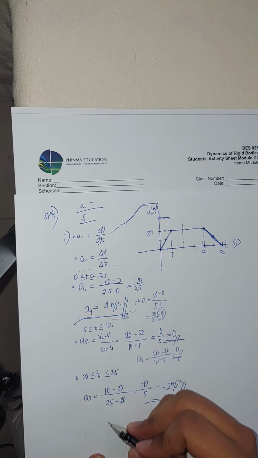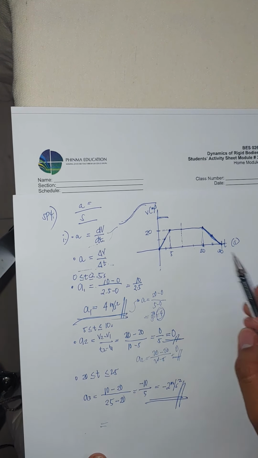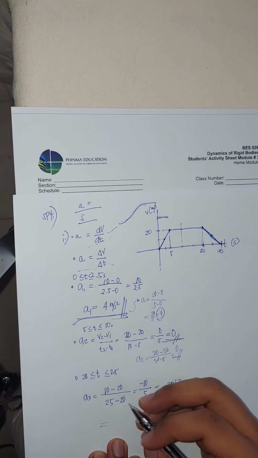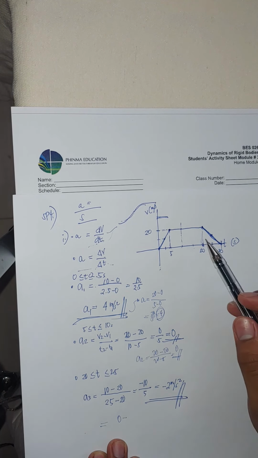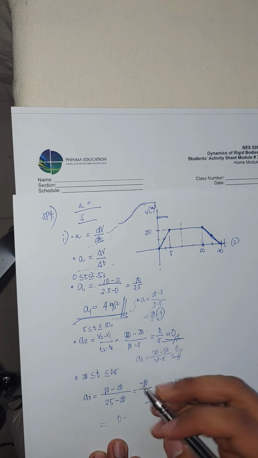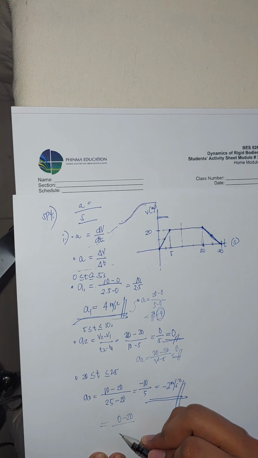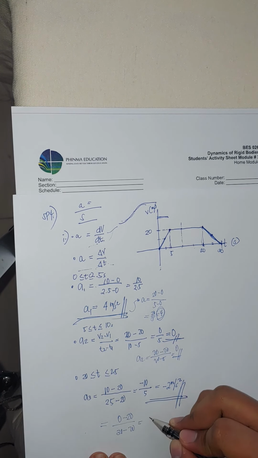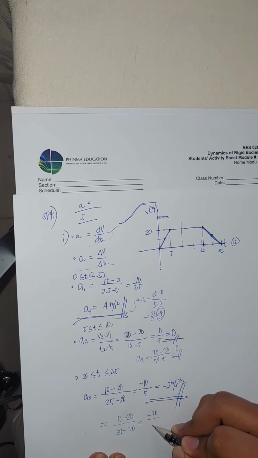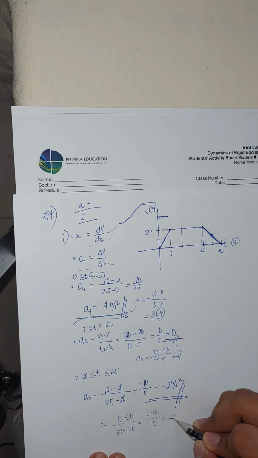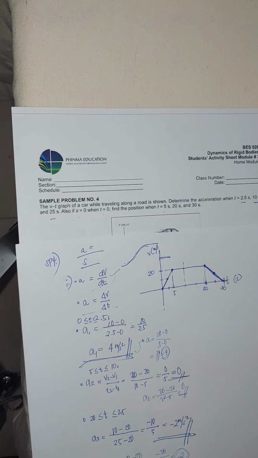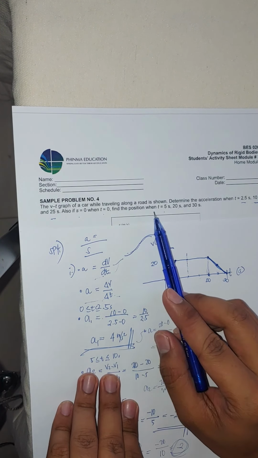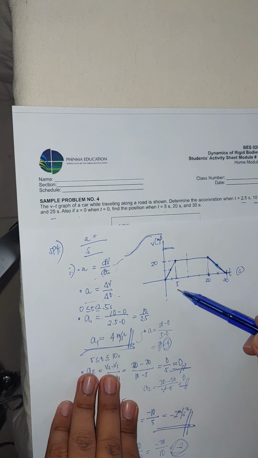And for the third, instead of cutting it up, the velocity at 30 seconds, the final, is 0, minus the velocity of 20, that is 20, over 30 seconds minus 20 seconds, that is negative 20 over 10, still negative 2.